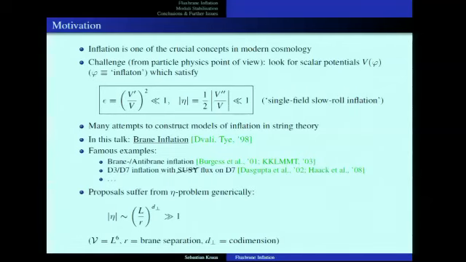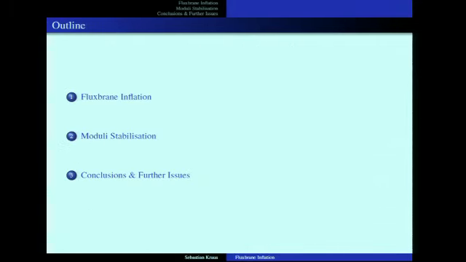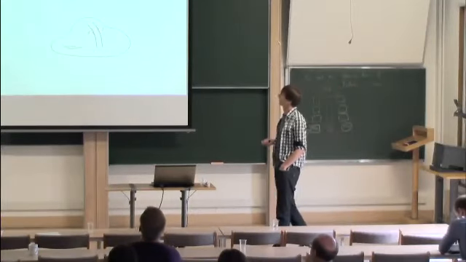This has been known for a while, and there have been some proposals for how to circumvent this problem. For example, you can consider warped compactifications, or you can consider very anisotropic compact spaces. However, in this talk I will present a different idea, which goes under the name Fluxbrane inflation. I will first review some aspects of this model and then talk about moduli stabilization, which is obviously crucial in these models, before I conclude.